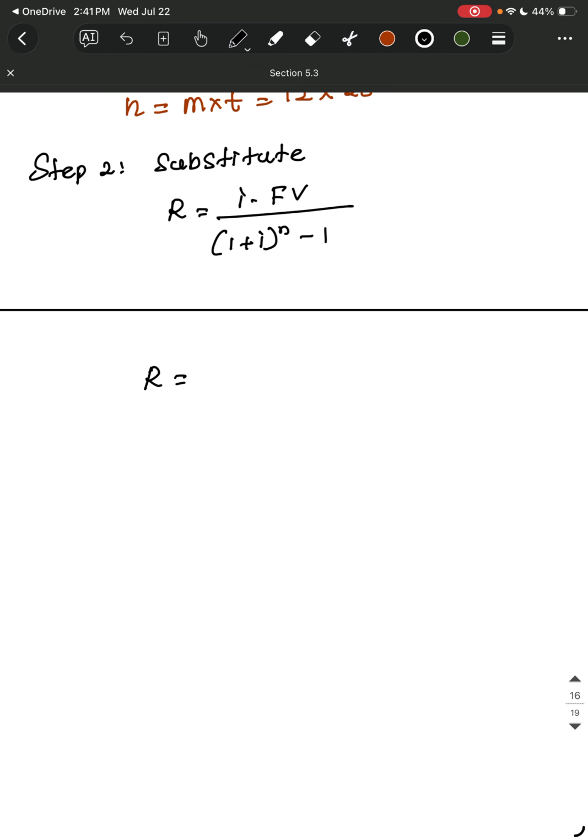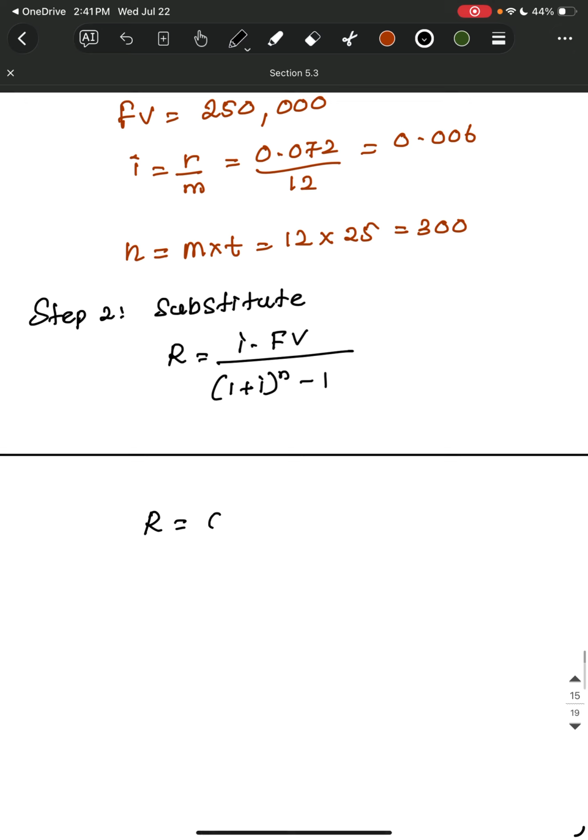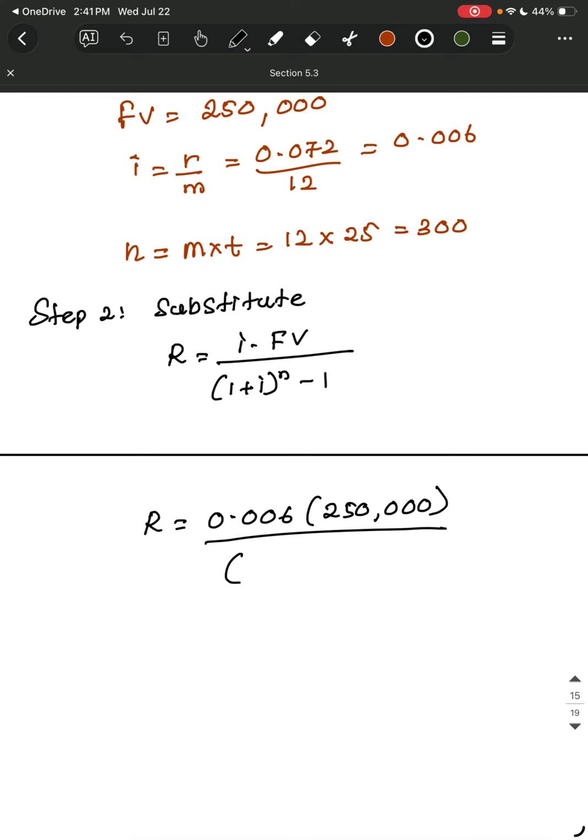R equals 0.006 times future value $250,000, over (1 plus 0.006) to the power 300 minus 1.